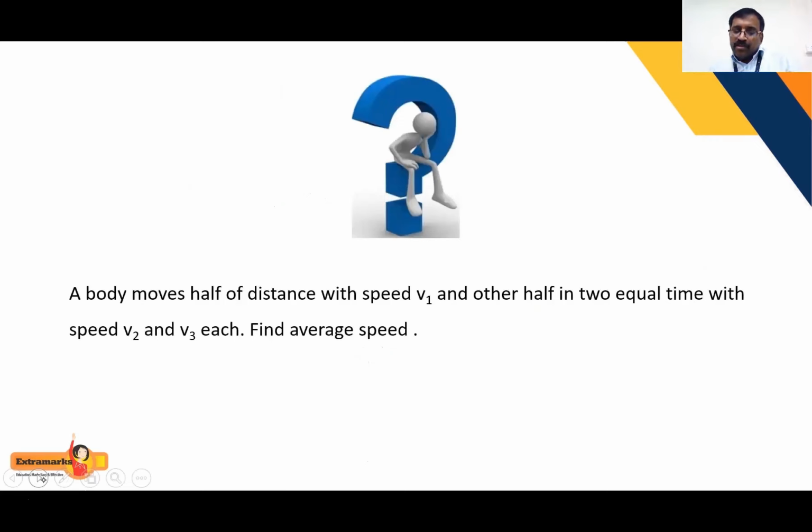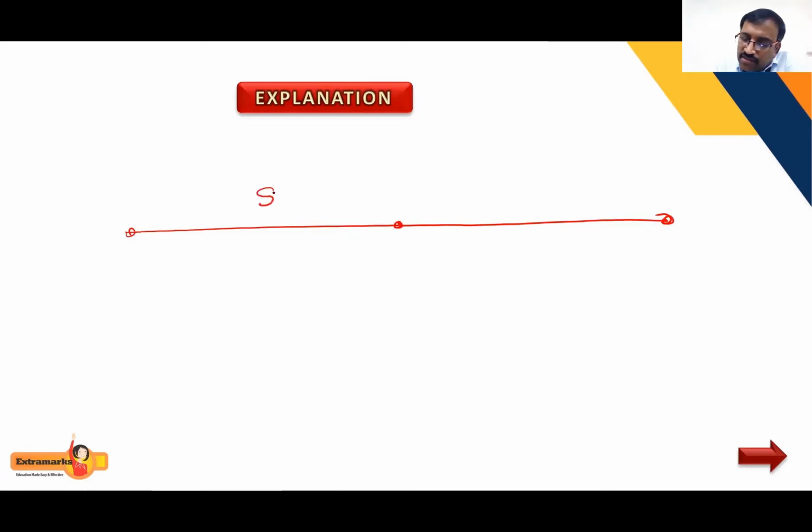Now, the body moves half of the distance with speed V1, and the other half in 2 equal times with V2 and V3. This is a good question. At competitive level, they will twist the questions like this, but you don't twist. Got it? So come into the line. As per the information, it was given first half, second half. So this is S, obviously this is S. First half with speed V1 they said, but in the second half, first half of the time they said V2, second half of the time they said V3.